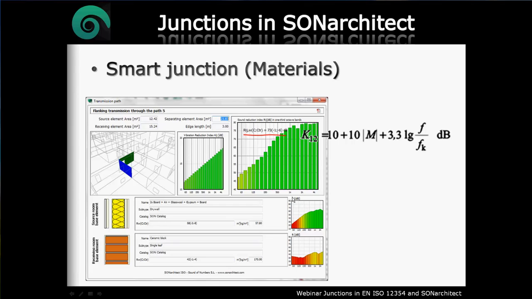This drywall will be the source element, which is marked here in blue, and the receiving element is the ceramic block. Here we have the sound reduction index of the drywall, and here the sound reduction index of the ceramic brick wall. And here we can see the vibration reduction index that has been selected automatically by SONarchitect.